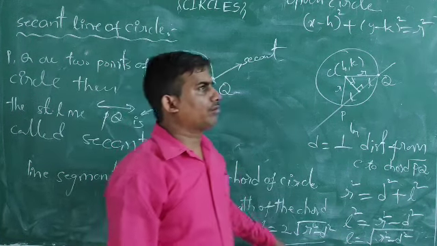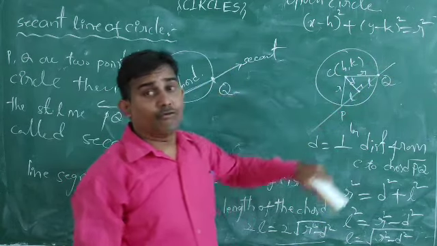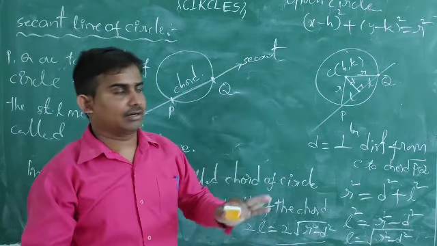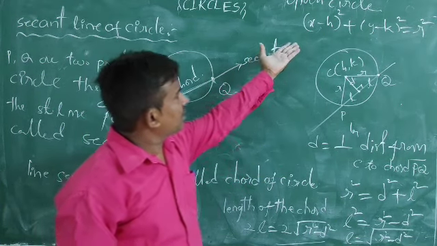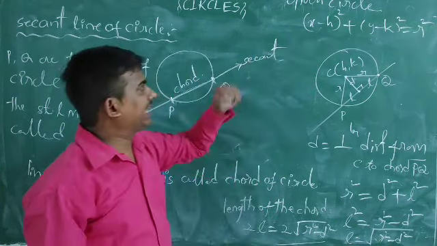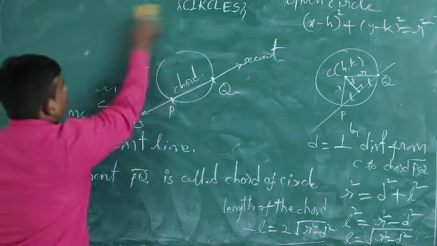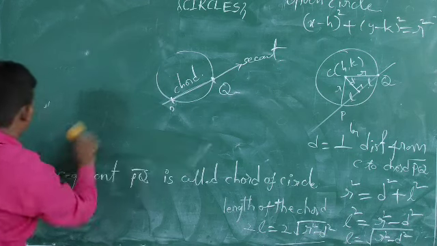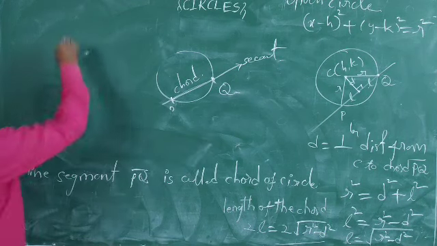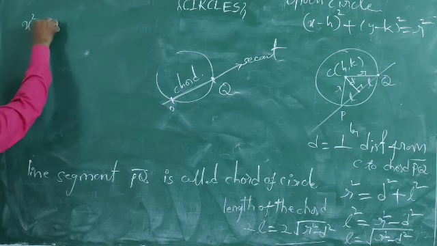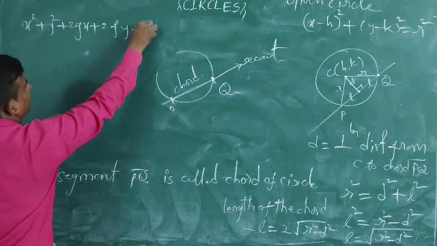If you follow this formula, we can easily find the length of the chord when we are given a circle equation. Of course, we may be given a circle equation not in the form directly showing center and radius. Maybe it is in the form x square plus y square plus 2gx plus 2fy plus c equal to 0.